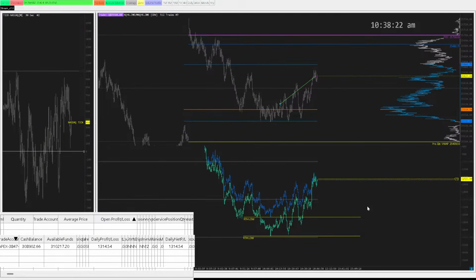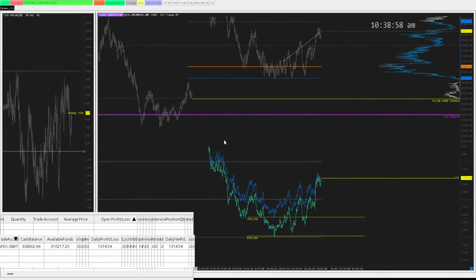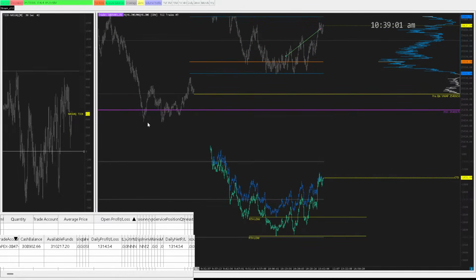That's the problem that I have with these ICT style, SMC style trading systems or methodologies, is that they force you to try to pick a top or try to pick a bottom with no order flow context whatsoever, and then they teach people to try to hold trades through profit targets that are just arbitrary profit targets, right? I can't tell you how many times I've seen ICT traders stalk a trade, and let's say that they're targeting this low right here, this low from yesterday.